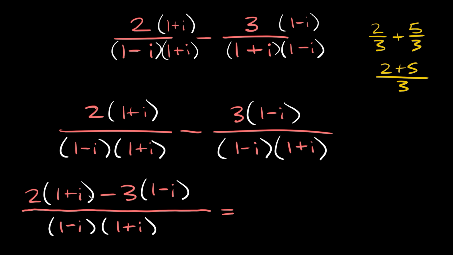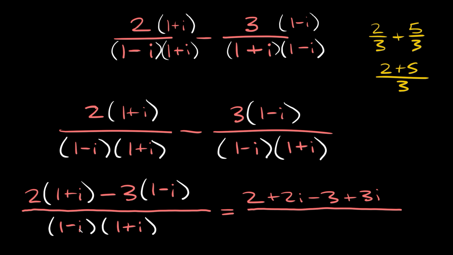Let's distribute this 2 into these parentheses. First of all, 2 times 1 is equal to 2, and 2 times i is positive 2i. Then here we have negative 3 times 1 is negative 3, and negative 3 times negative i is positive 3i. That's going to go all over our denominator.